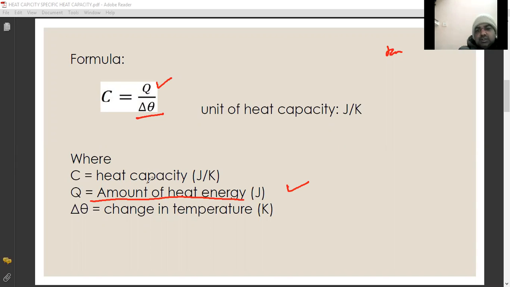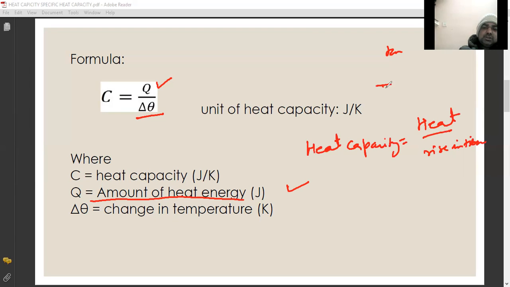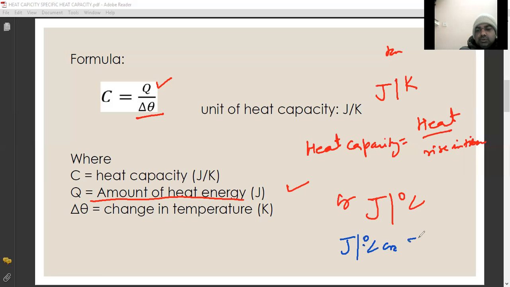Then its heat capacity will be Q upon delta theta, that is, heat required divided by rise in temperature. The unit of heat capacity will be joule per Kelvin, or you can use joule per degree Celsius also. These two units can be used for measuring heat capacity.